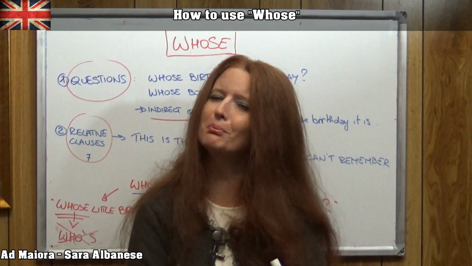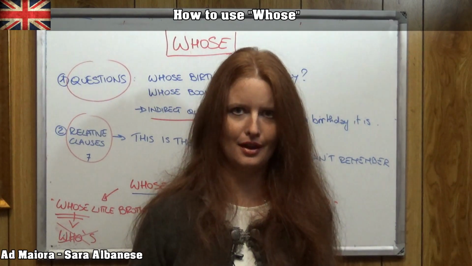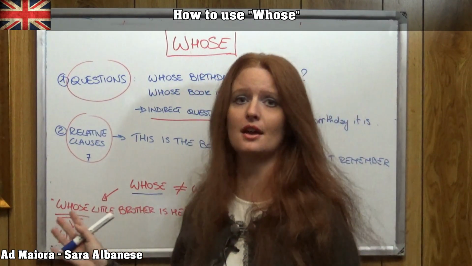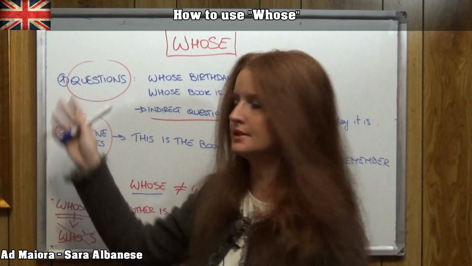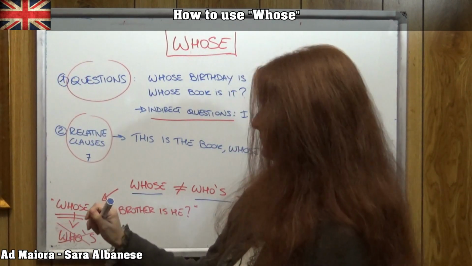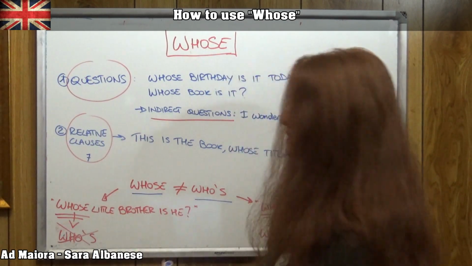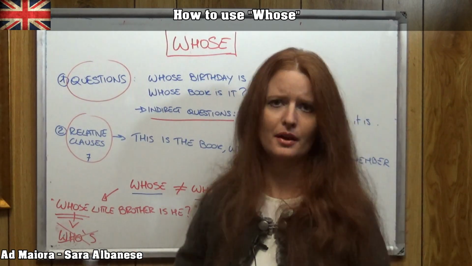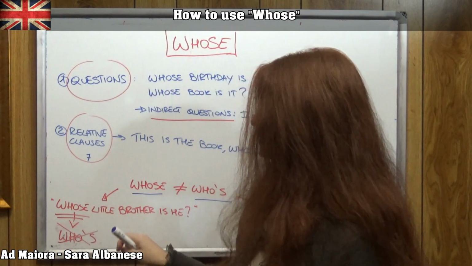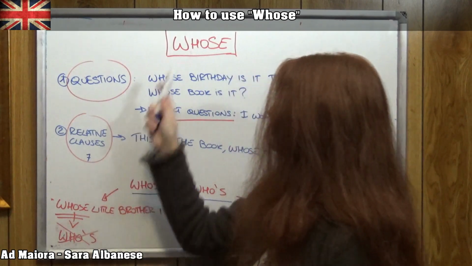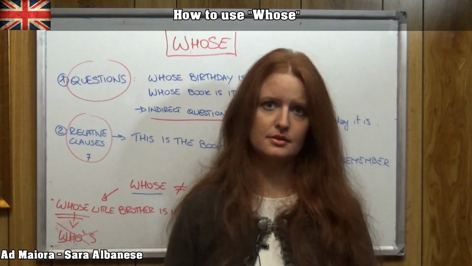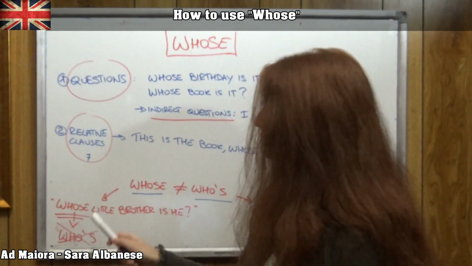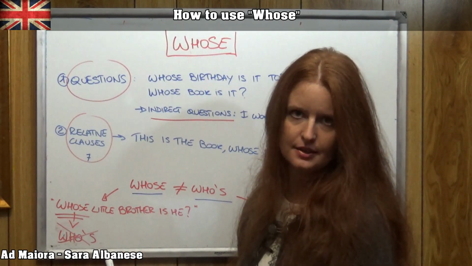They are two completely different things. Well, who's here, we already said, it's a pronoun in this case, a relative pronoun in this other case. Whose little brother is he? I'm asking about this little brother. Whose is obviously written like this. I can't say who and s, which is who is.